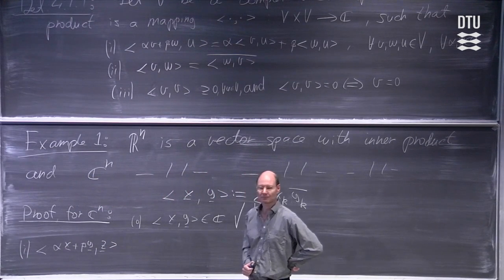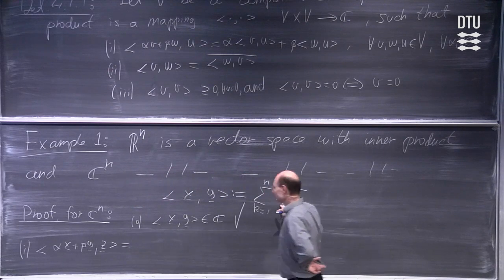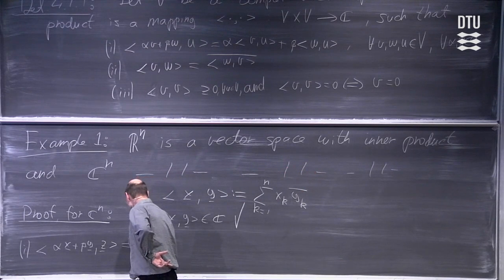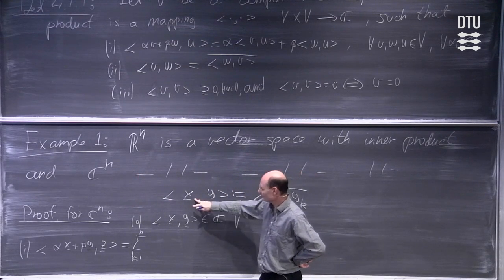So let's look at this. The definition that is stated here says that this means we are looking at a sum starting from k equal to 1 to n, and then we have to take the kth component of the first vector.